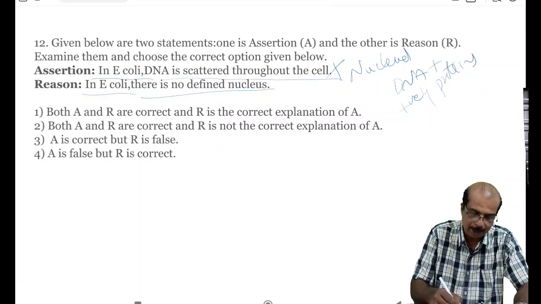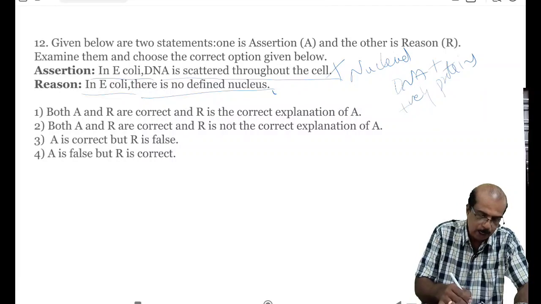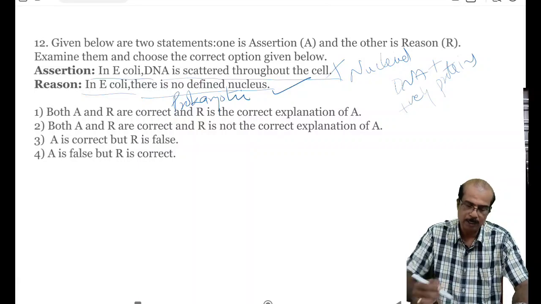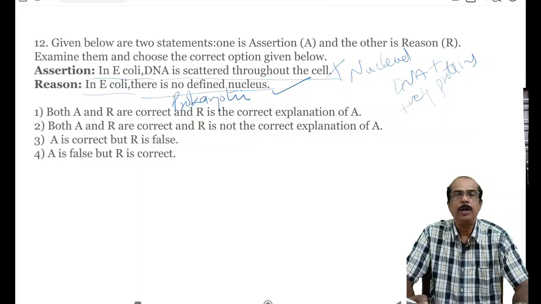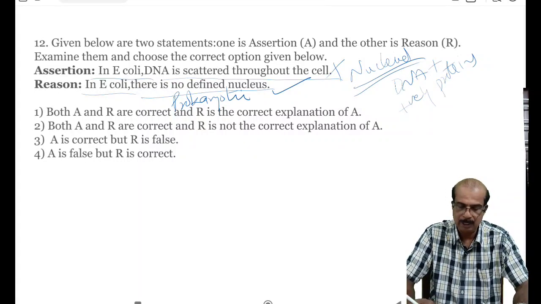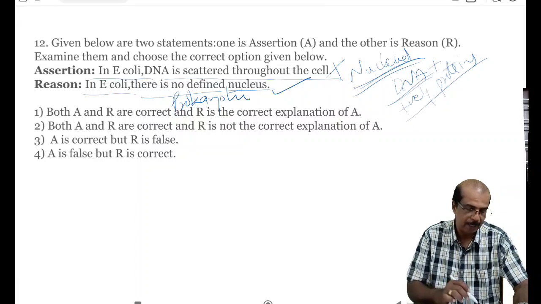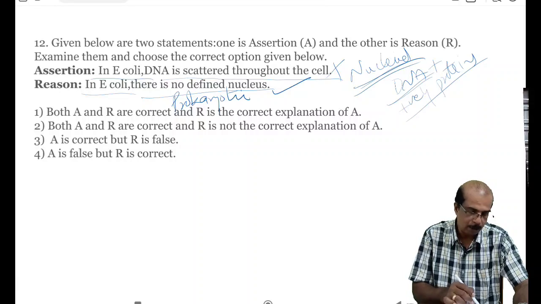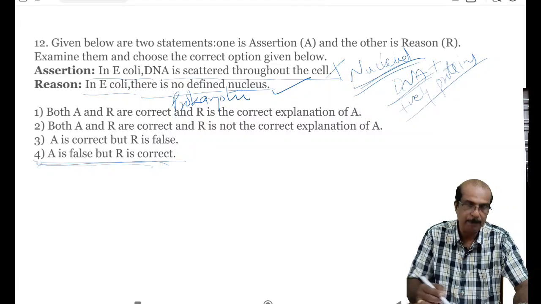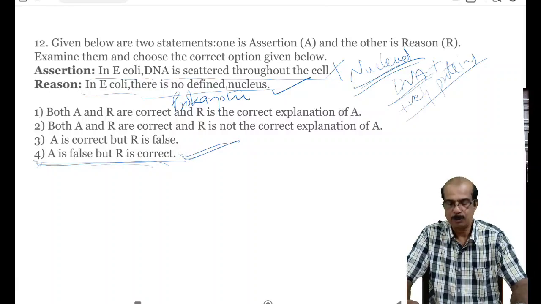The reason is the correct one, because E. coli is a prokaryotic organism. It is prokaryotic and has no defined nucleus. There is only the nucleoid. In that nucleoid, the negatively charged DNA is associated with the positively charged proteins. So our answer to this question is: the assertion is false, but the reason is correct. The fourth choice will be our answer to this question.